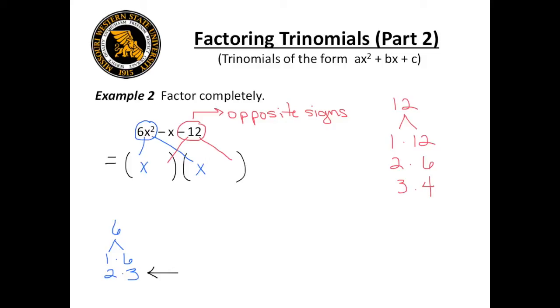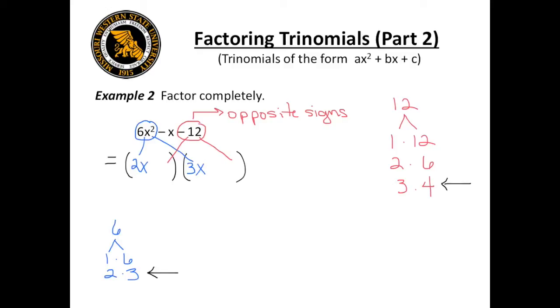So let's go ahead and put 2 in front of the x in the first binomial and 3 in front of the x of the second binomial. Going to our factors of 12, again, we have to start somewhere. So let's suppose we start with the factors of 3 and 4.